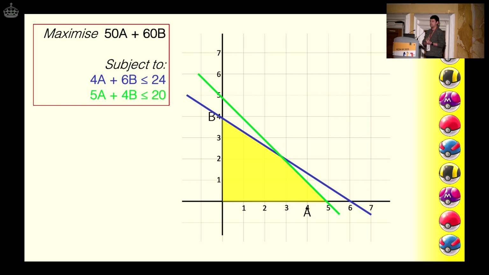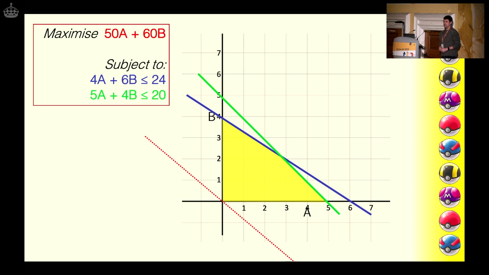How do I find that? So like I did with the constraints, I can draw the line for my profit. Okay? But I don't know how much profit I'm making yet. Let's just pretend I'm going to make 0 profit. I will have the line 50A plus 60B is equal to 0. I can draw that. That's this dotted red line.